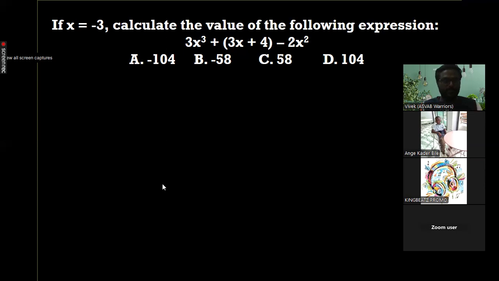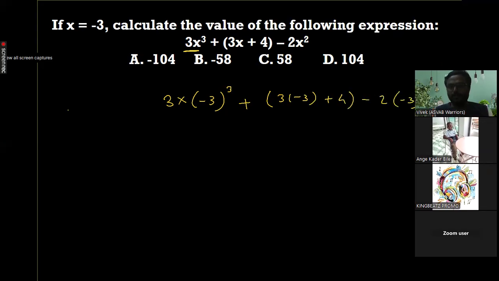I've got two answers. Here, let me try solving this. 3 times negative 3 to the power 3 plus 3 times negative 3 plus 4 minus 2 times negative 3 to the power 2.